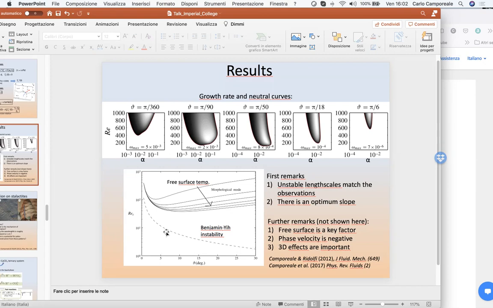So I saw all the modes, the morphological one, the hydrodynamic one, and the surface mode, all together. The surface modes appear at lower Reynolds number, so it's more unstable. But that means that at higher Reynolds number you have two unstable modes, the morphological one and the surface one.